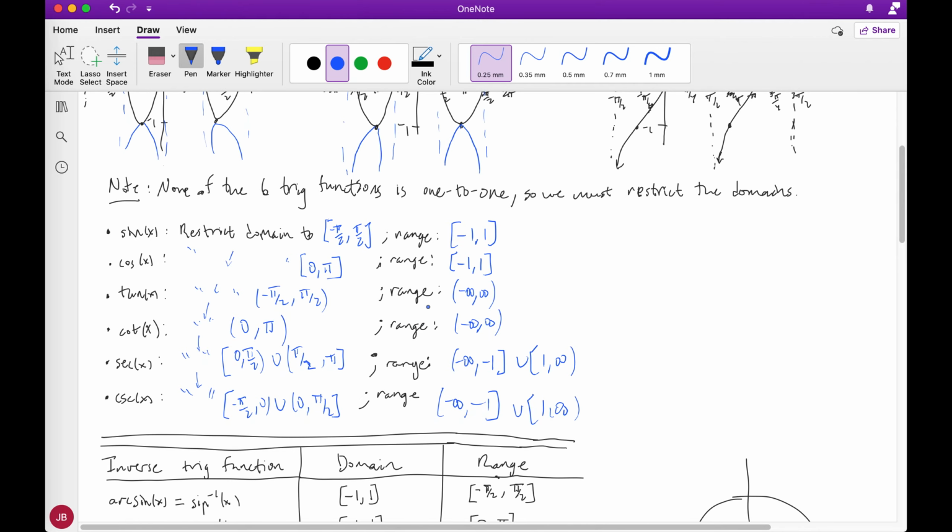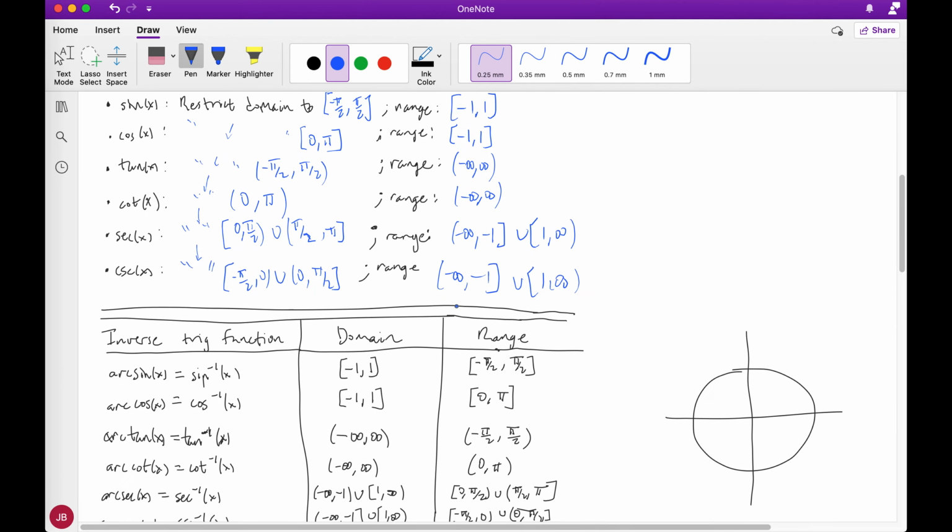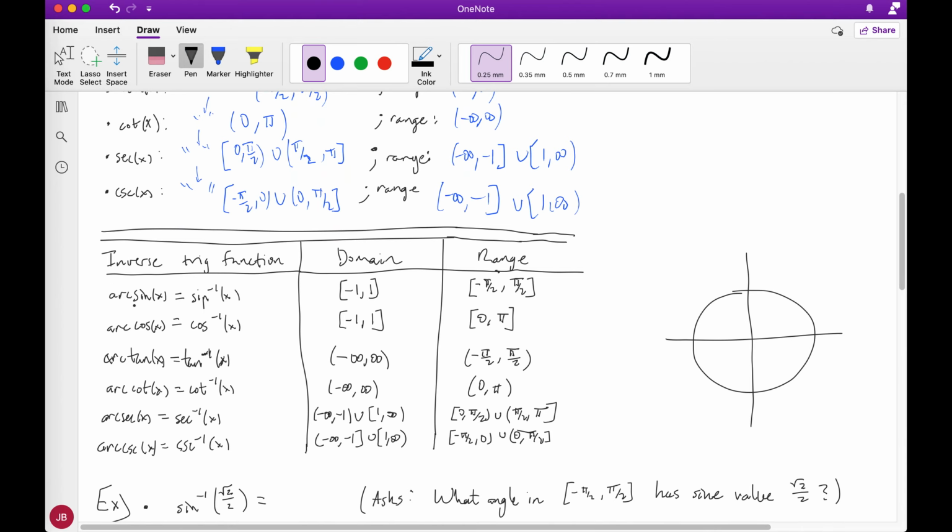Okay, so now we can define the inverse trig functions because we have restricted the domains to where the trig functions are one-to-one, and so therefore they have inverses. And here's what we call them: arc and then the name of the trig function, or the name of the trig function with a superscript -1.